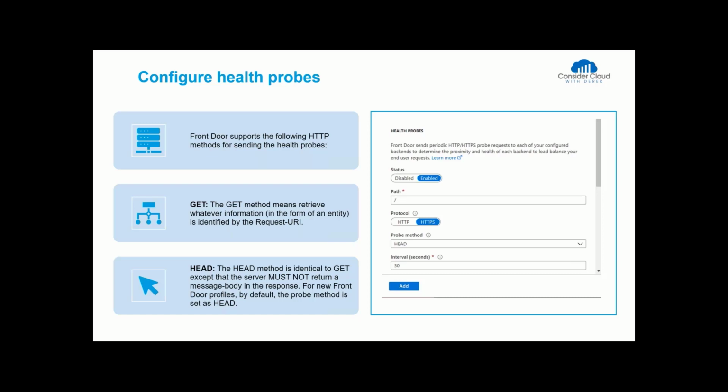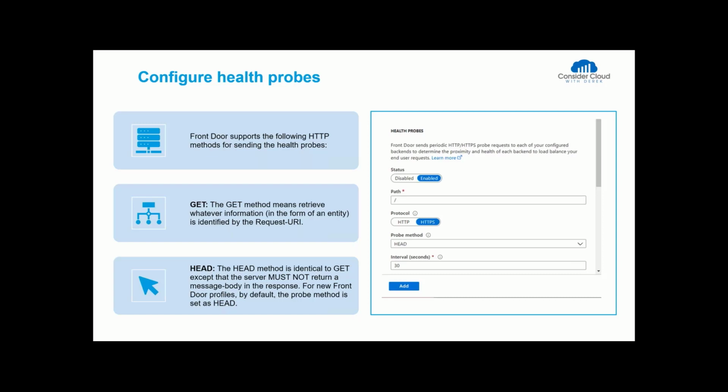That number is configured by the sample size property in the load balancing settings, and finally, the number of healthy probes required is configured by changing the successful sample required property in the load balancing settings. All of those are going to be potentially excluded.